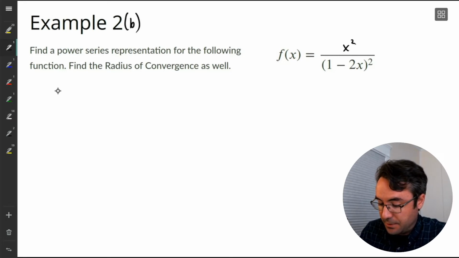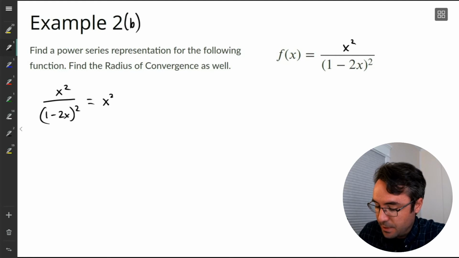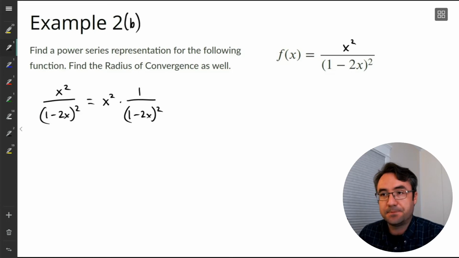So let's start with that function. And when we have these functions, that same strategy we looked at in the first example we did today, let's break this function apart and look at the pieces. So we have this x squared piece, and then we have this 1 over 1 minus 2x squared piece.